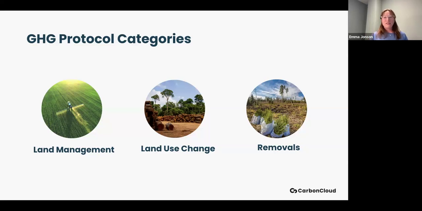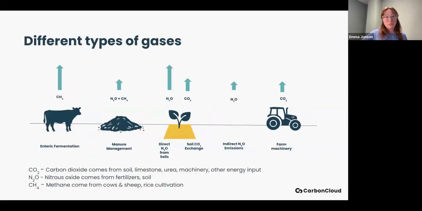And then we have removals, which you could see as basically the opposite of emissions. So it's carbon taken from the atmosphere and absorbed in soil, for instance. Let's dive into these three, starting with land management.